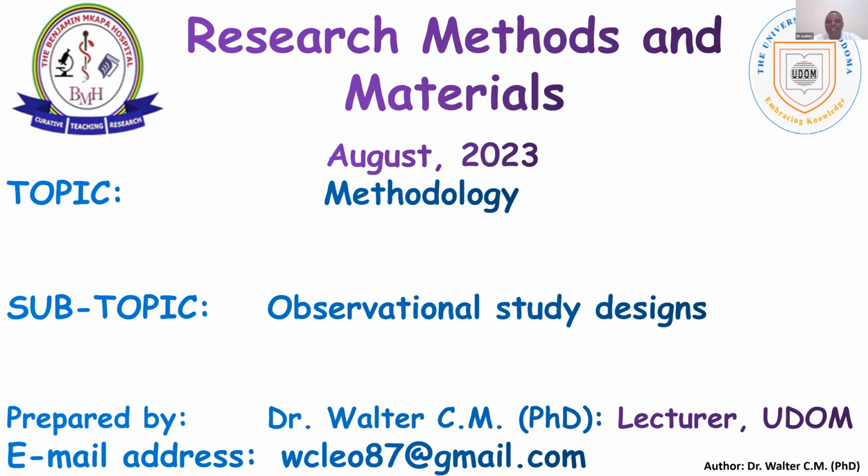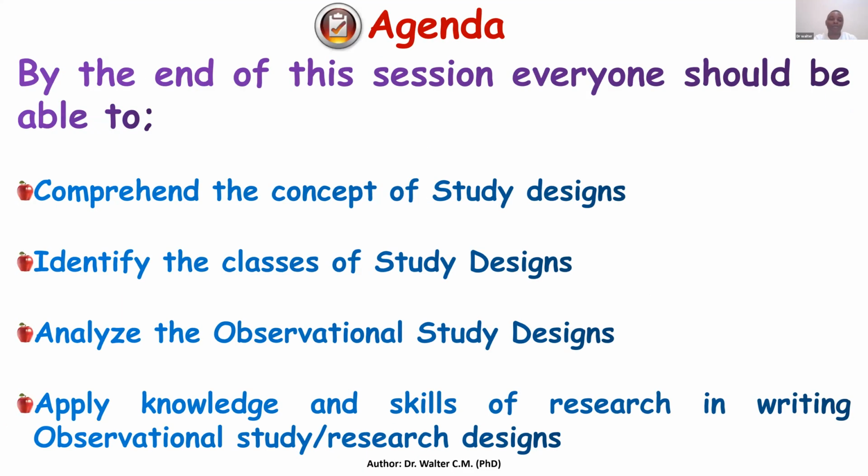We started with the study setting, and now we are in the segment of how we should opt for a research design or study designs. This is the topic of today. And I will go directly to the observational studies. But before that, I will take you through these objectives.